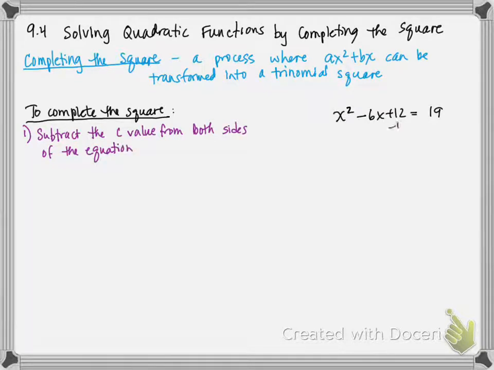For us, we would subtract 12 from both sides. Now, if we try to complete the square and we end up with a negative number on the other side, then we're kind of sunk. Can't do anything with that. So right now, we just have x squared minus 6x equals 7.